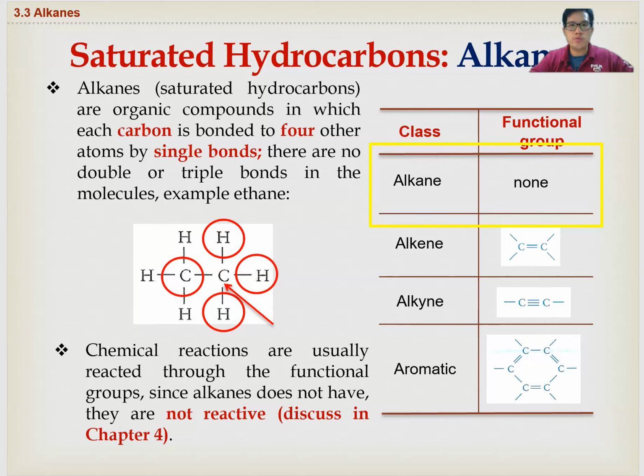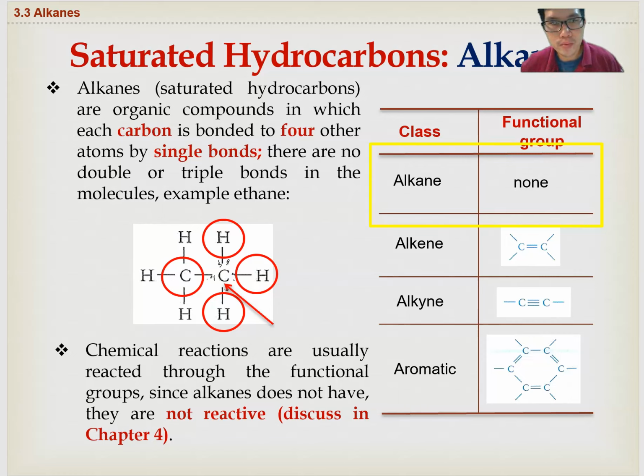Please refer back to the previous chapter 2, because you can see that the carbon over here contains 4 outer shell electrons, and they will share non-polar covalent bonds with the hydrogens to make it 8 outer shell electrons.